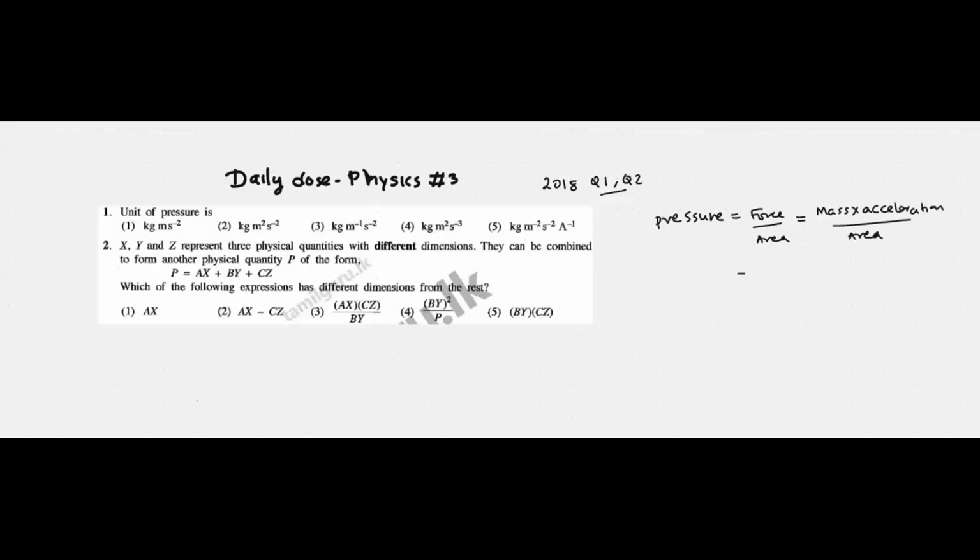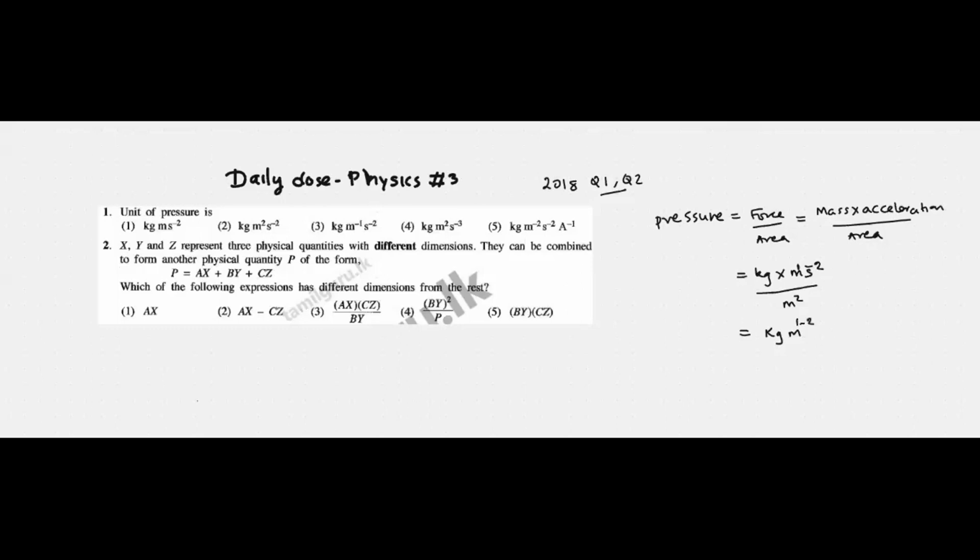So the unit of mass is kilograms, the unit of acceleration is meters per second squared, and the unit of area is meter squared. So you can see we have kilogram meter to the power 1 second to the power minus 2 divided by meter squared. When you have something like this, you can simplify it by subtracting the powers.